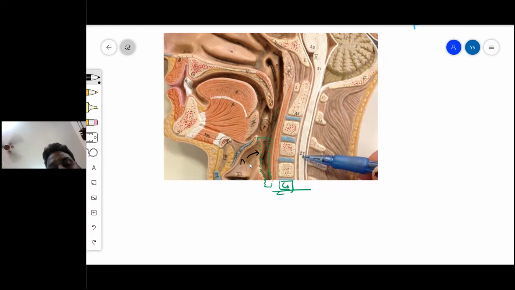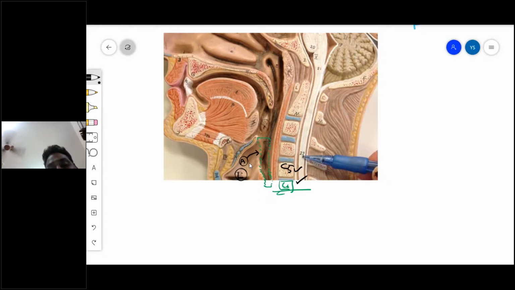Now we see the boundaries like the other two parts. Anteriorly it communicates with the larynx through the laryngeal inlet. This is the larynx. Posteriorly it is bounded mainly by C5 and C6 vertebrae, and of course part of C4 also.